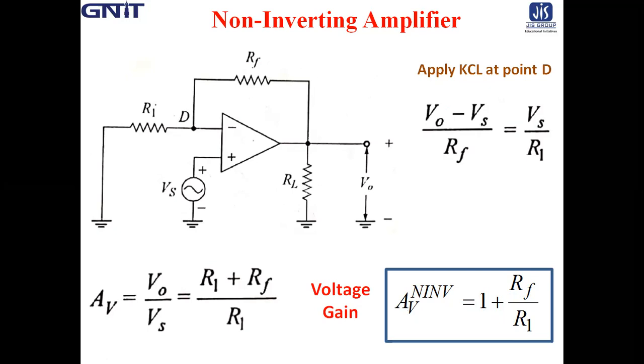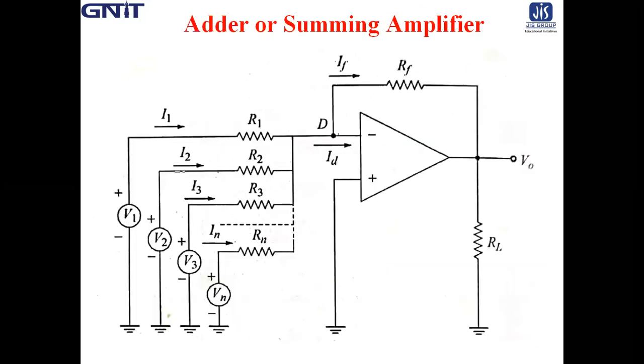Next we move to some mathematical applications of the operational amplifier. First we move to the adder circuit or summing amplifier using op-amp. This is the circuit diagram of the adder circuit using op-amp.